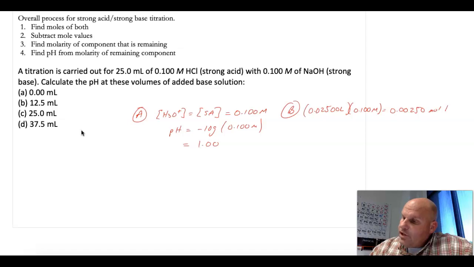There's my moles of HCl. I'm going to do the same thing with the data to determine my moles of my NaOH. So in part B, we are adding 12.5 milliliters, so that would be 0.0125 liters.